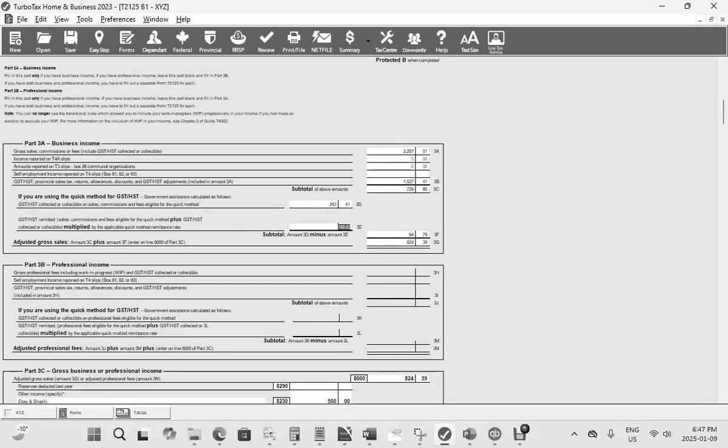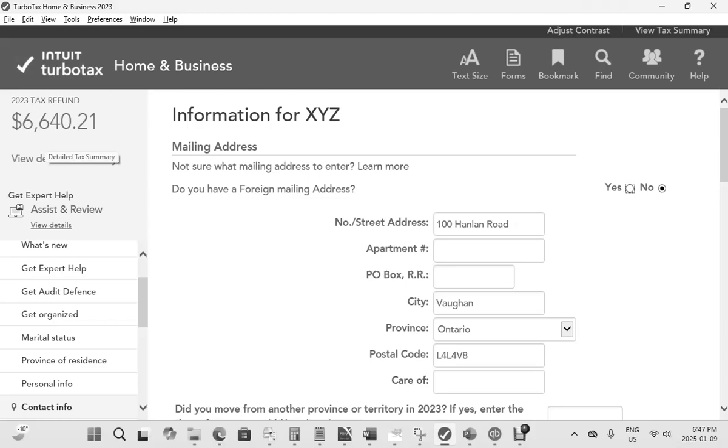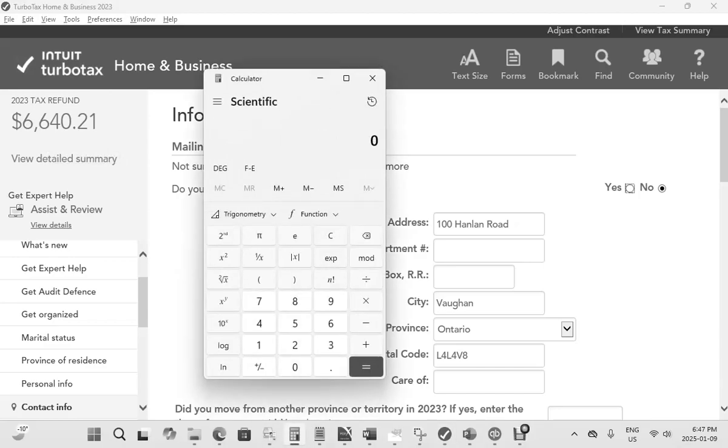Now if you were to change this figure over here, let's say to $1,000, notice the tax refund. This will be $6,640.21. So $1,000, and you have a tax refund difference of $20.